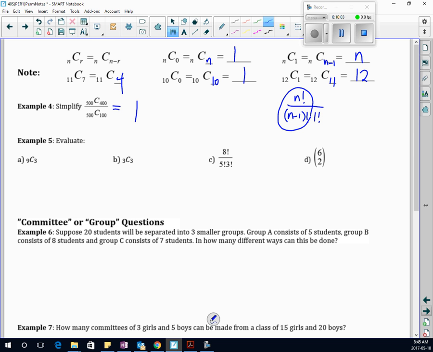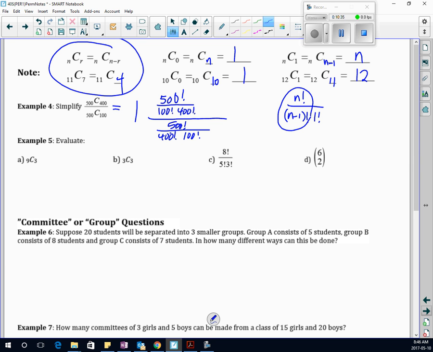We just went through this. If you subtract, what's 500 subtract 400? 100. So if I put it in here, it's 500 factorial divided by 100 factorial 400 factorial, and what would this be? 500 factorial divided by 400 factorial 100 factorial. It's the exact same thing, right? This is a 1-mark question on the provincial exam a couple years ago.